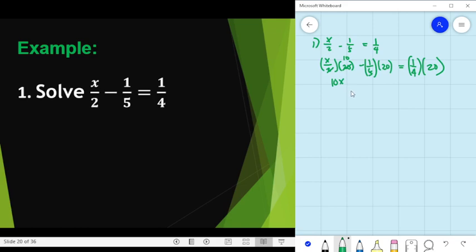Okay, and then, minus, wait, it seems there is a mistake in our given. We should just follow our solution. Our given is x over 2 minus 1 over 5 is equal to 1 over 4, but our solution is x over 10.